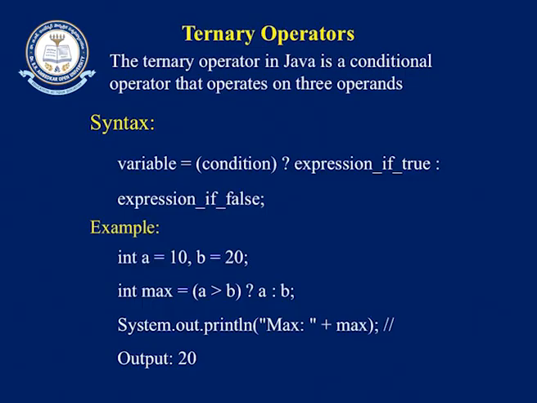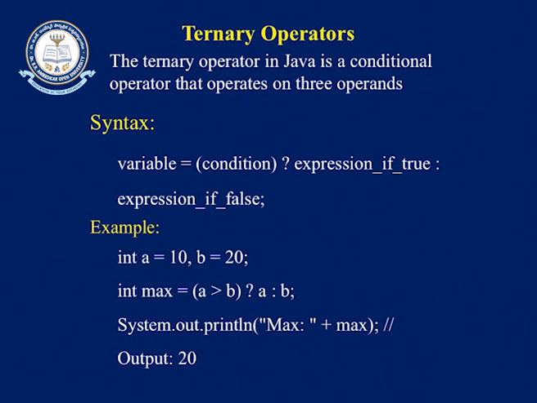You can see in this example, we have a equals to 10 and b equals to 20. I am writing the expression where max is a variable, and a and b are other variables. So max: if a is greater than b, then it should return a.